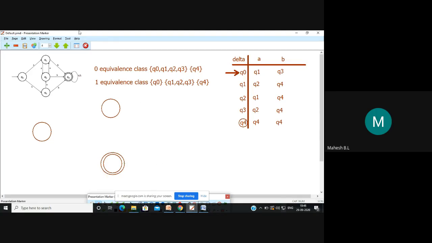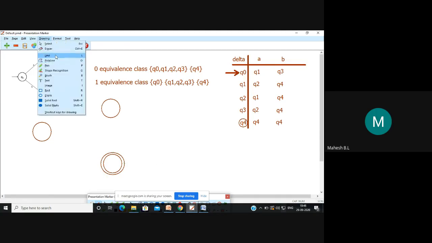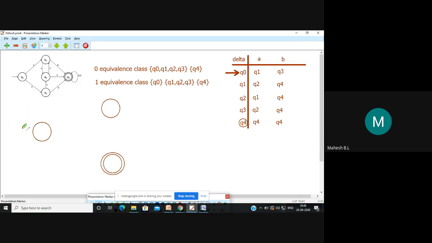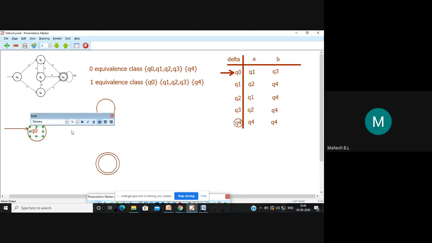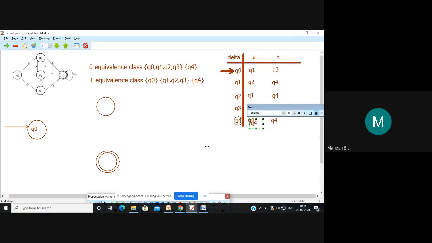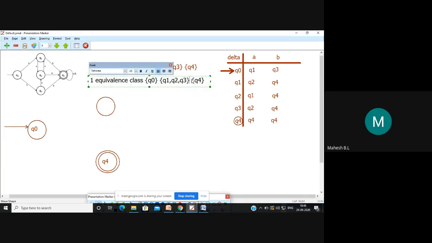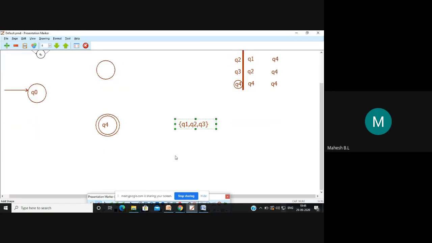Now let's complete this. The initial state is Q naught, the final state is Q4, and this one is representing Q naught, Q1, Q3.